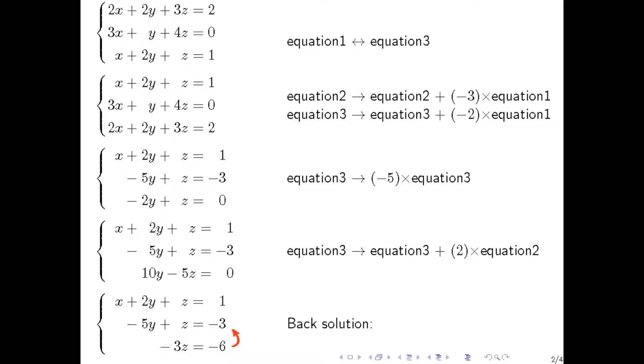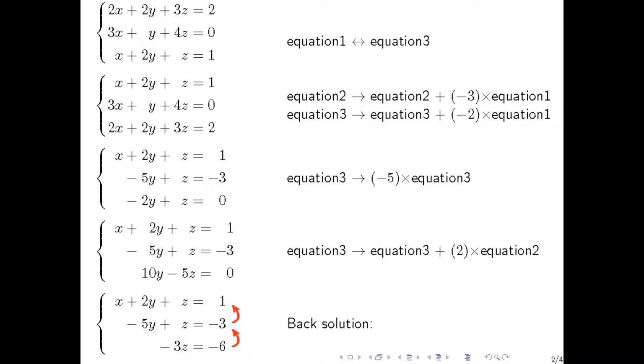Now we are going to find the solution for the system of linear equations by tracing back from below. Starting from the easiest equation from below, negative 3z equals negative 6, we can easily find z equals 2. After we know z equals 2, we are going to replace that back to equation 2 and we are going to find y.